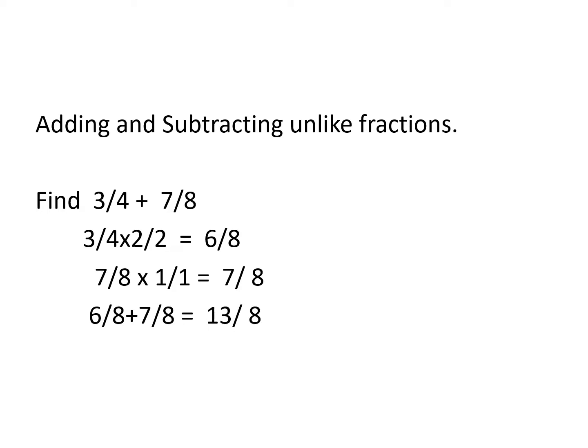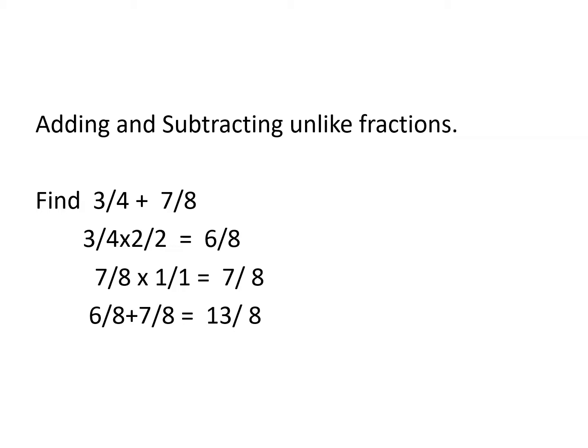If we multiply 4 with 2, we will get 8, right? Then in fractions, when we are making equivalent fractions, we have to multiply numerator and denominator with the same number, right?